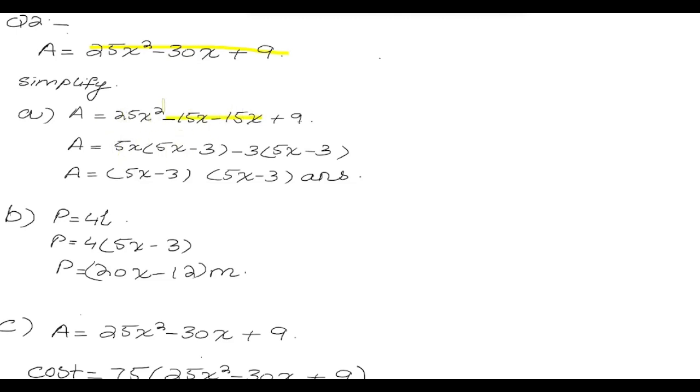So 25x squared divided by 5x results in 5x, and then we will have negative 3, and here we also have 5x minus 3. So our first factor will be 5x minus 3, and then 5x minus 3 again will be our second factor. So this will be our answer for the dimensions.